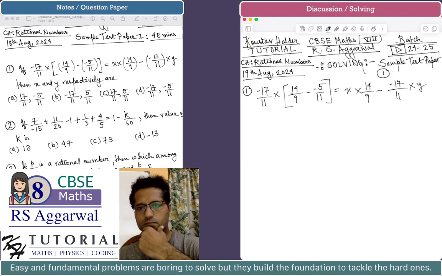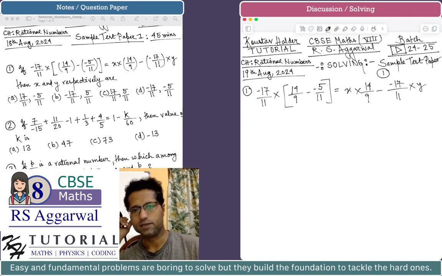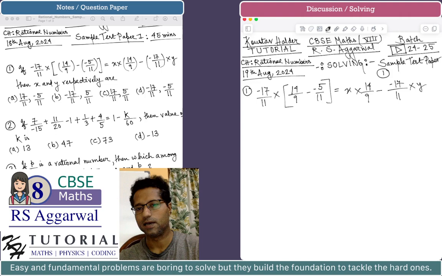Now, before doing the actual computation, that is the multiplication, addition or subtraction, always try to see if you find any pattern or any law of rational numbers, that is the law of addition, subtraction, multiplication or division, that you can apply and solve the problem quickly. On the left hand side it is a multiplication.